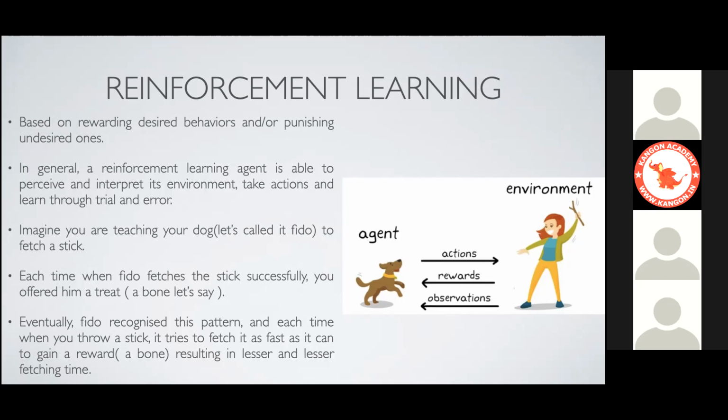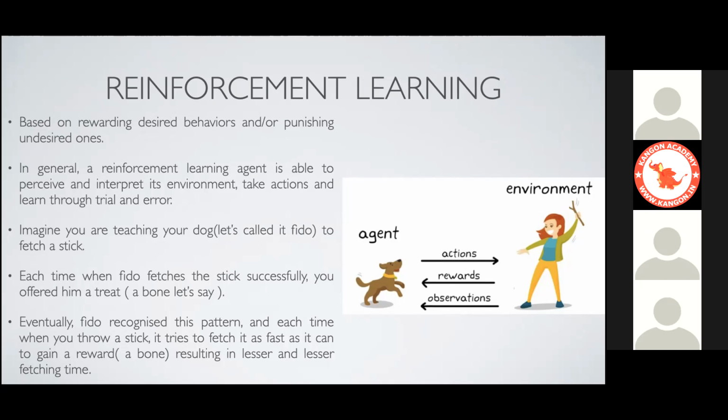When it learns the idea that whenever it picks up the newspaper and brings it to you, you give it a pedigree, it will start picking up the newspaper and bringing it to you, to get the reward.